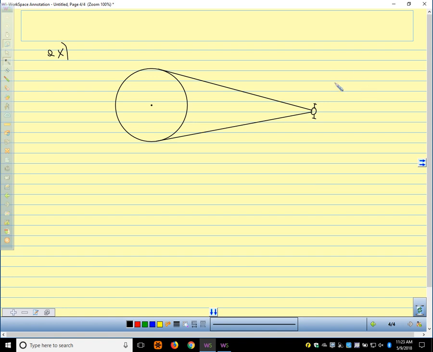And we know that the angle formed by two tangents is 17.5 degrees. So if the satellite were above the Earth, this is how much of the Earth the satellite could see.